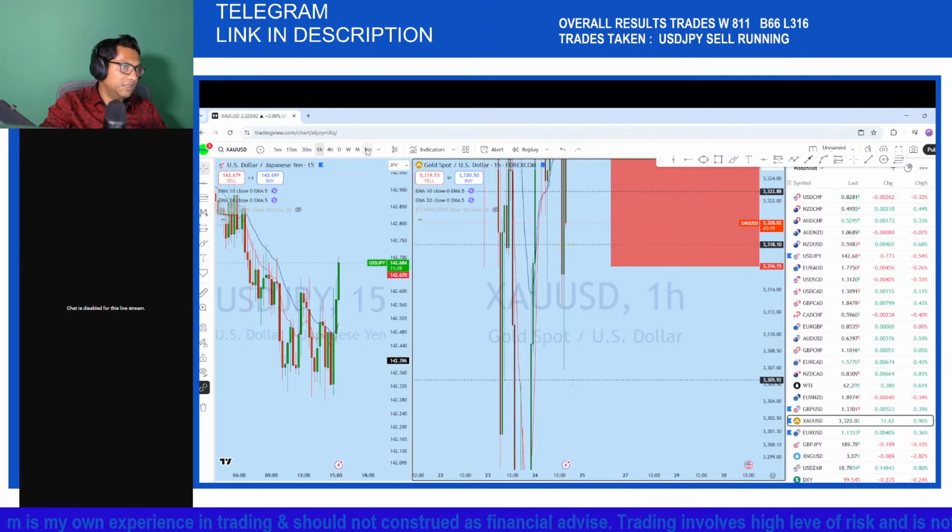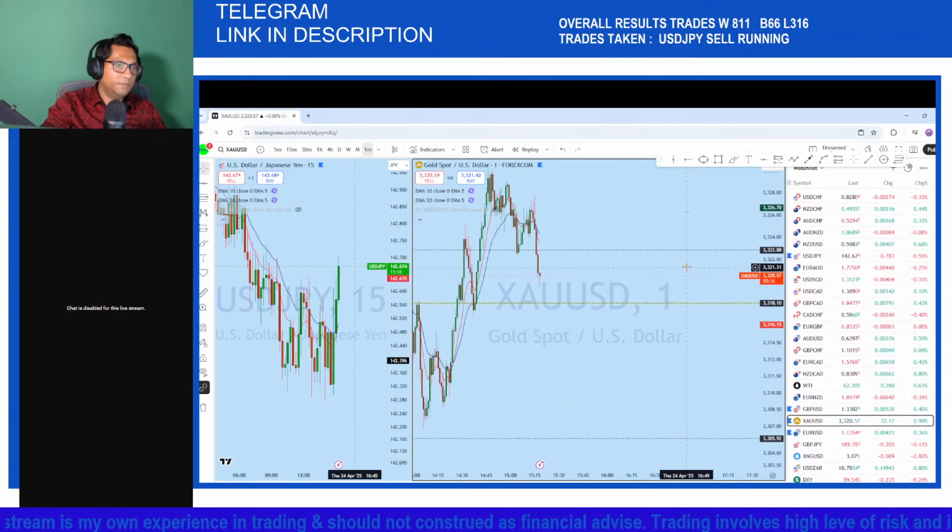The market potential is set for bearish here.